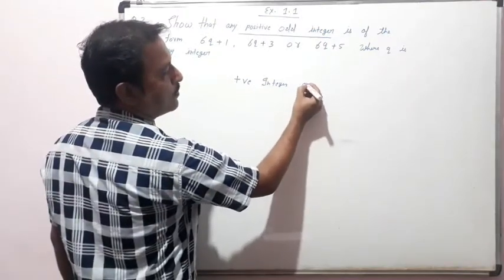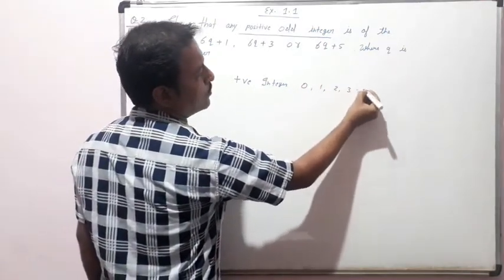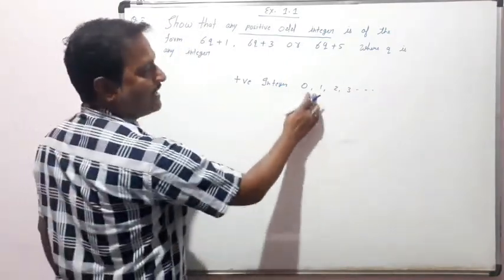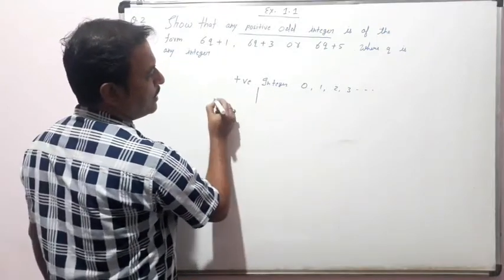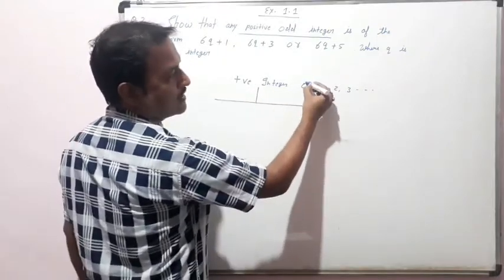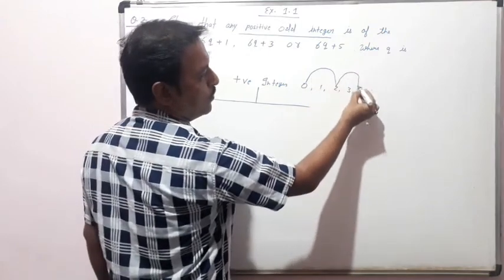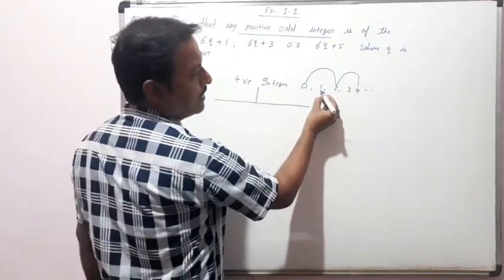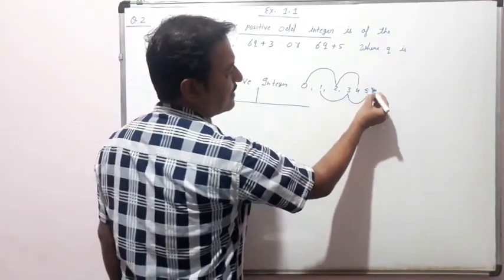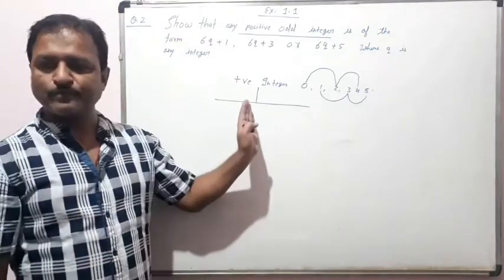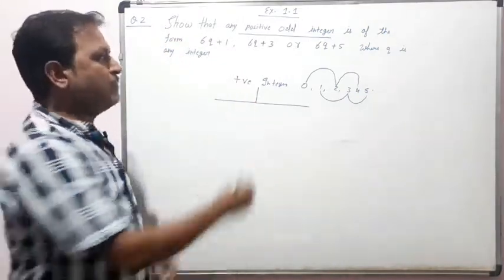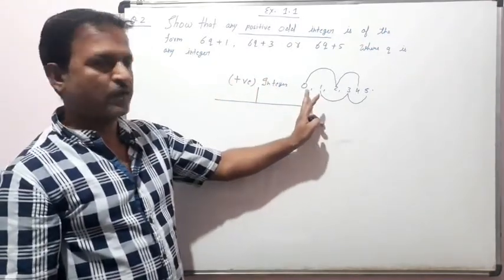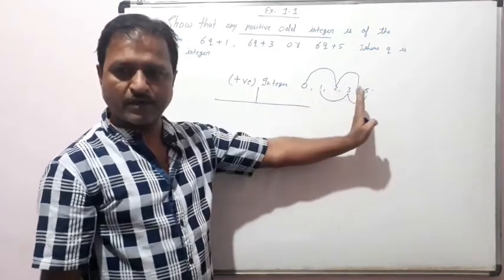that means 0 1 2 3 and so on. These are known as positive integers. You can see clearly in positive integers you have two types of numbers, 0 2 4, that means all are even numbers, and the remaining 1 3 5 etc. as odd numbers. So in positive integers we have two types of numbers, even numbers and odd numbers.